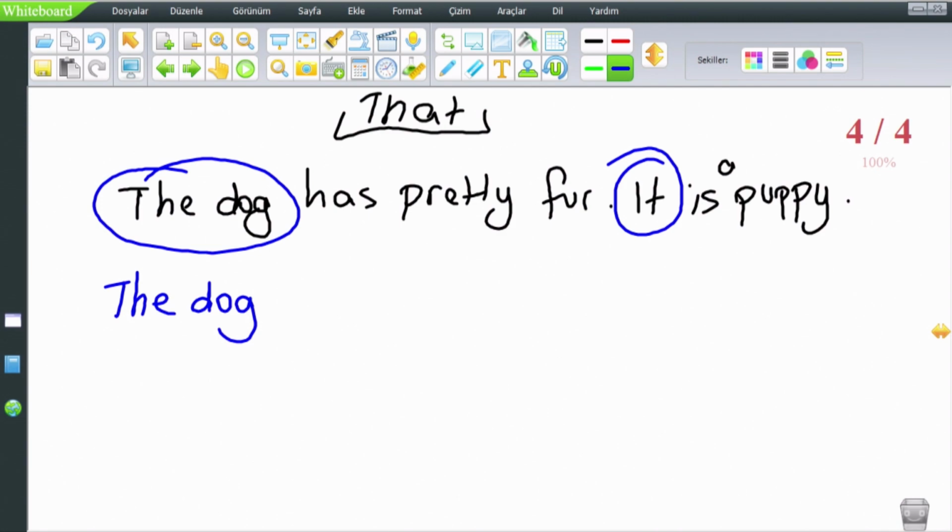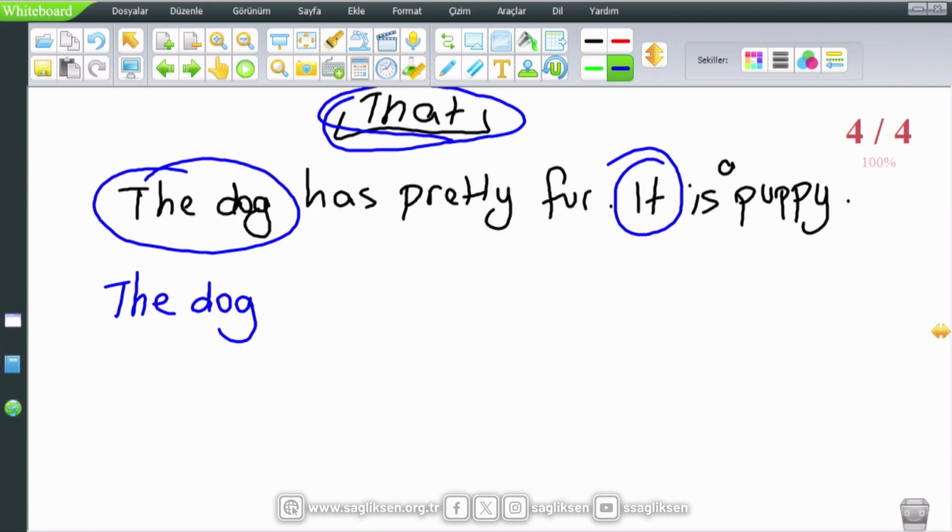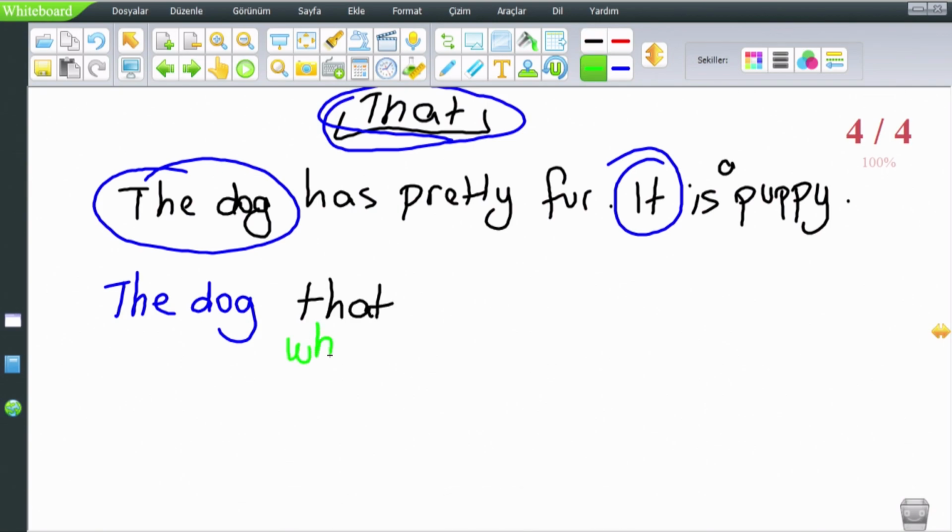And when I get to the point where I have the common figure of speech, I stop and use my appropriate relative pronoun, which can be that. Or, in this case, it can also be which. Now, I go to the second sentence: is a puppy.